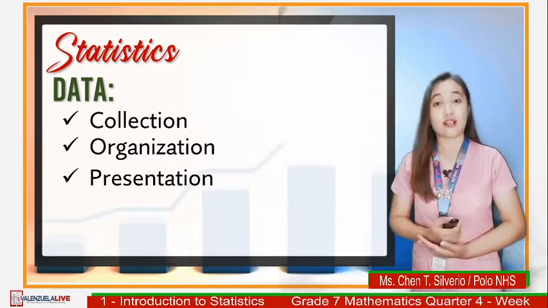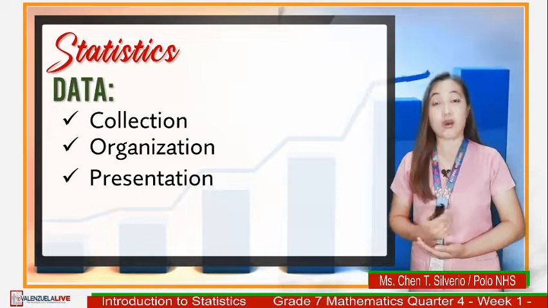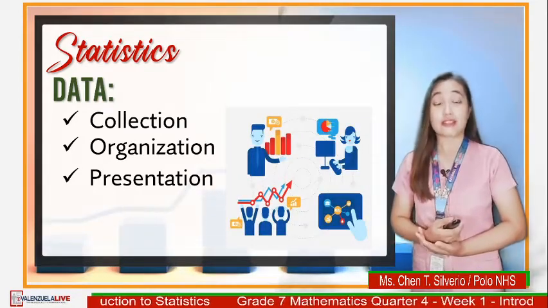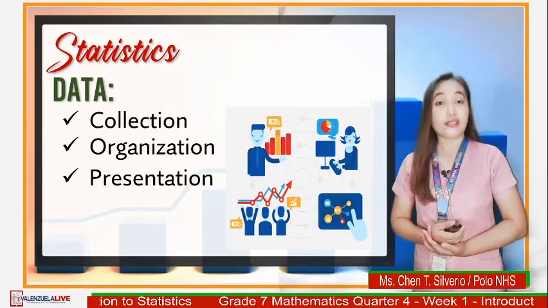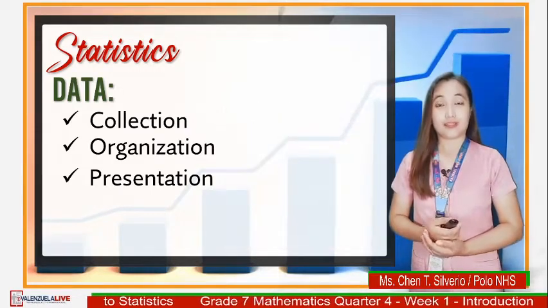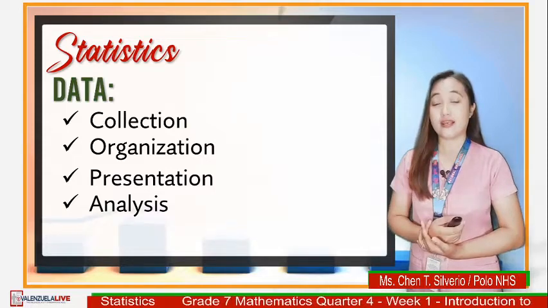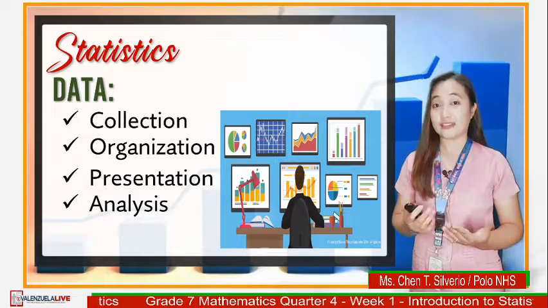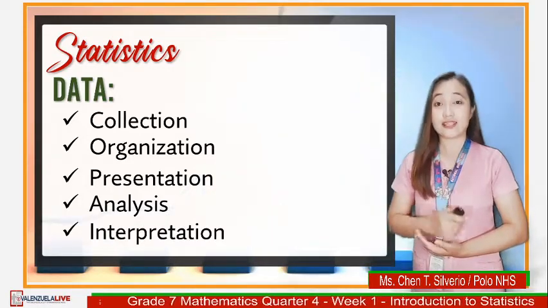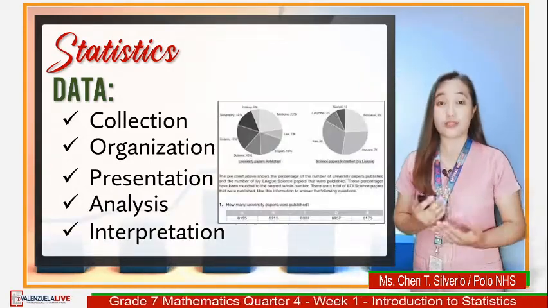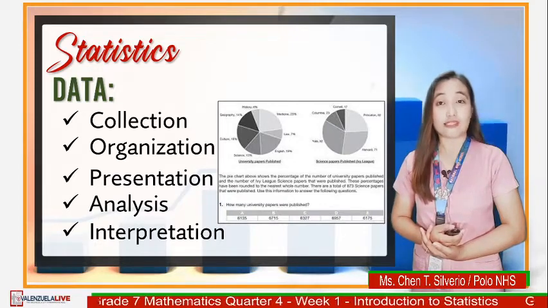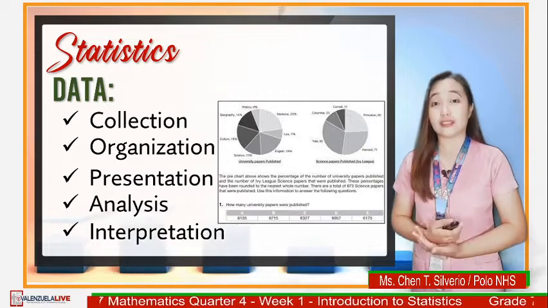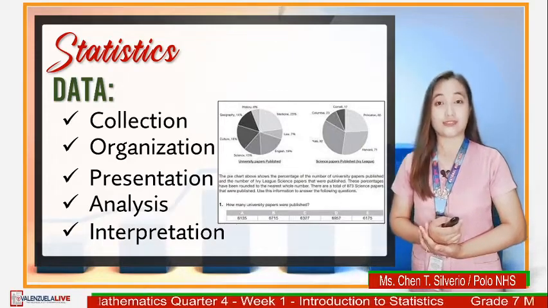It can be done using a tabular presentation or by graphical presentation like pictograph, bar graph, histogram, line graph, or in a pie graph. After presenting our data, we will now analyze it for us to make conclusions and generalizations. And lastly, we will now interpret our data. It is a process of assigning a meaning to the information analyzed and determine its significance and implications.